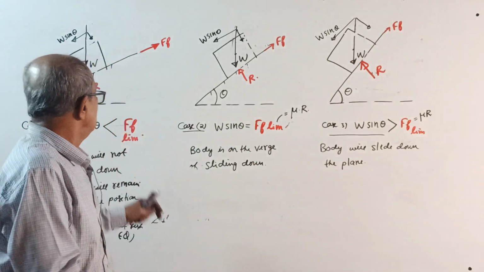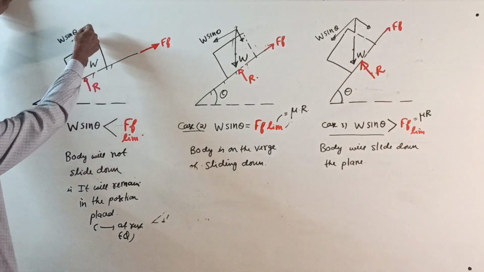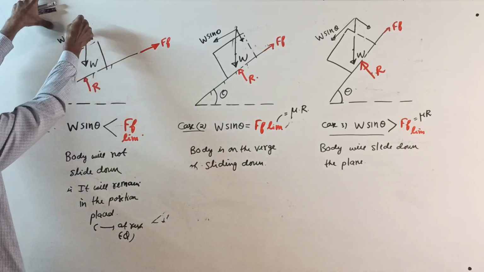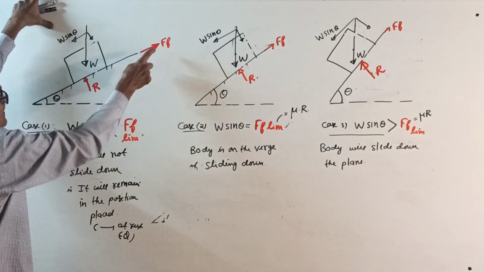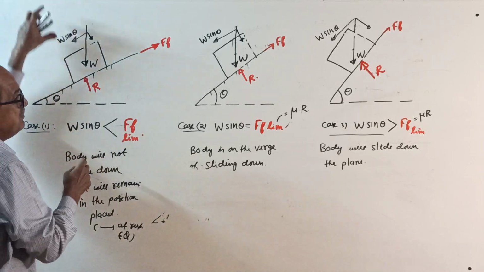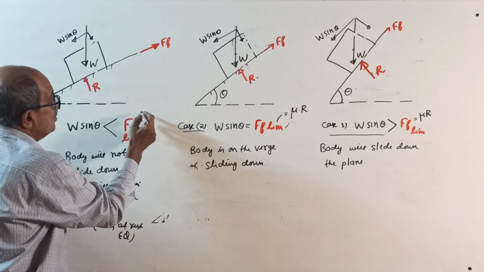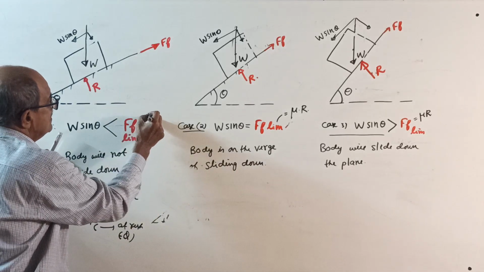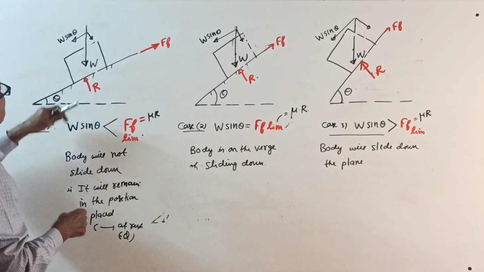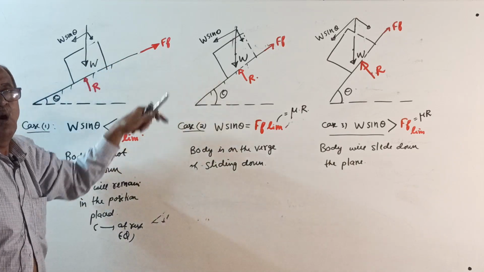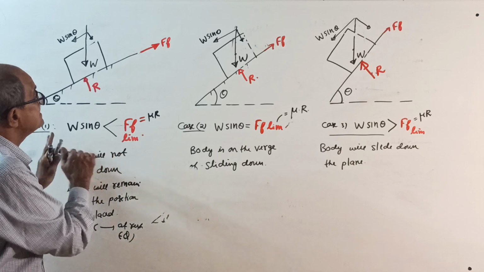So therefore, here W sin theta, which is responsible for moving down, if it is less than the limiting friction, see, FF limit is always equal to mu into R, then the body will not move, it will be at rest.